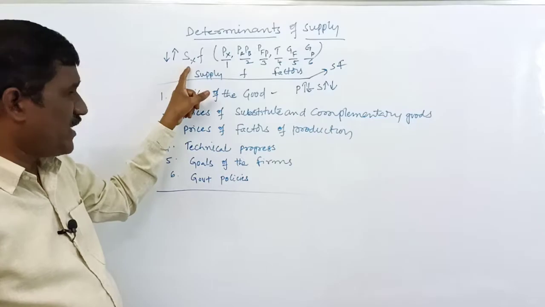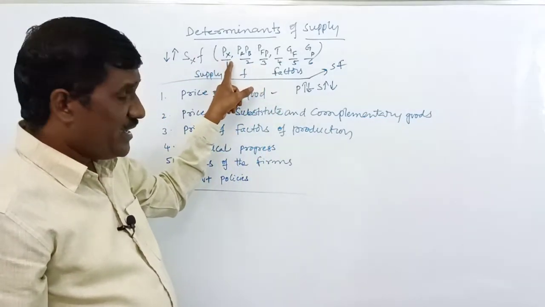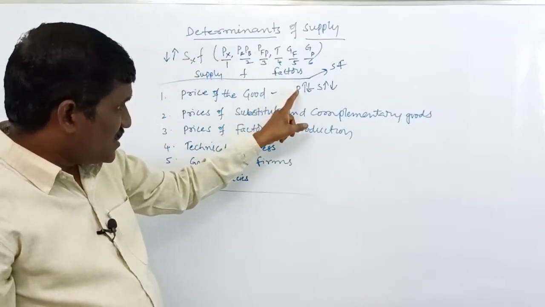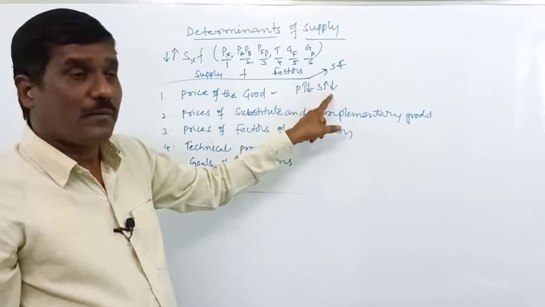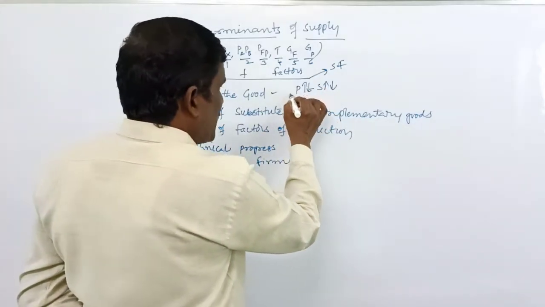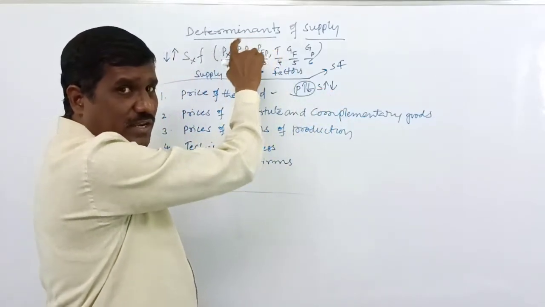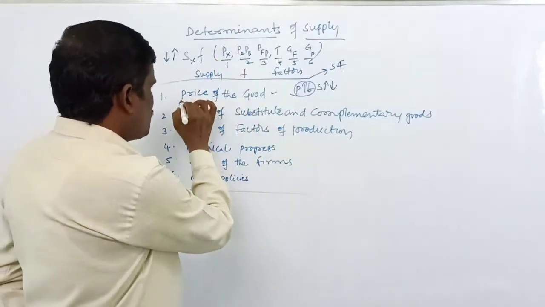Supply is the dependent factor; price is the independent factor. If there is a change in price, there is also a change in supply. So price is one of the determinant factors of supply, the first one.